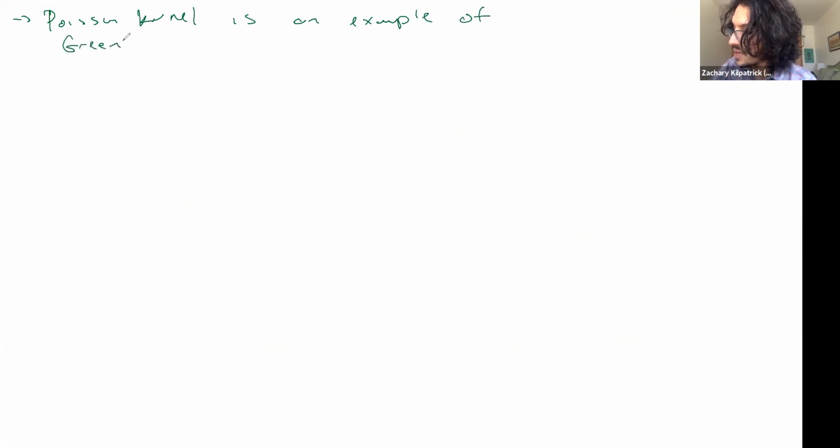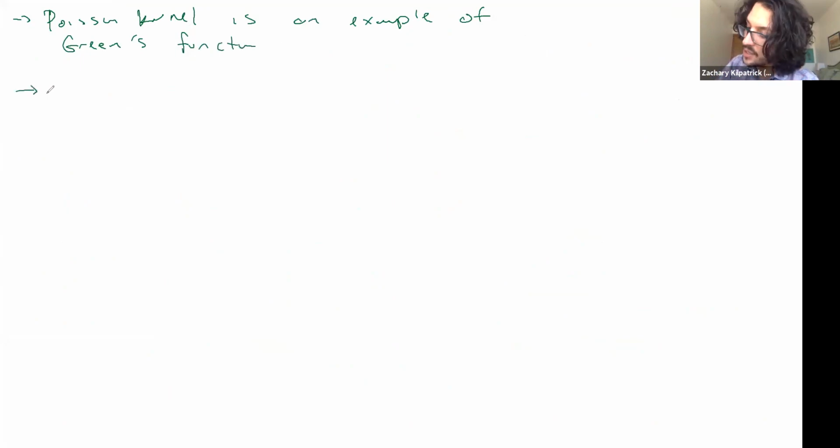All right. So the Poisson kernel is an example of what's called a Green's function.